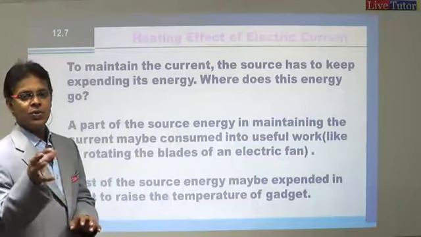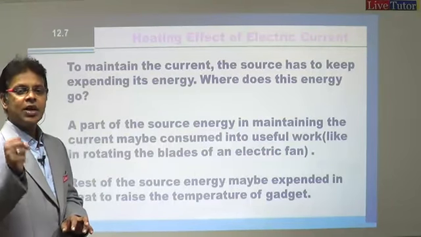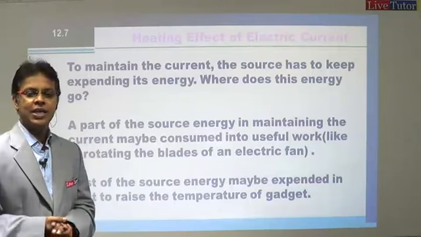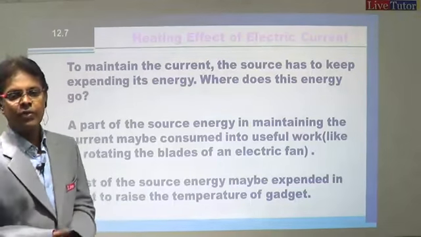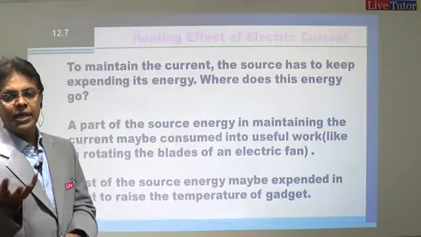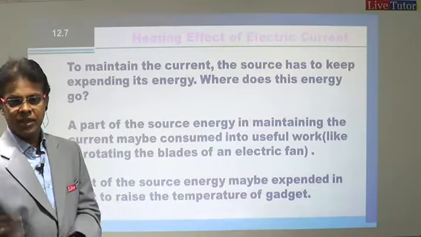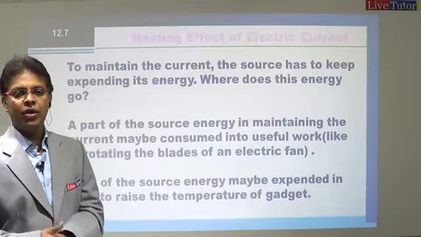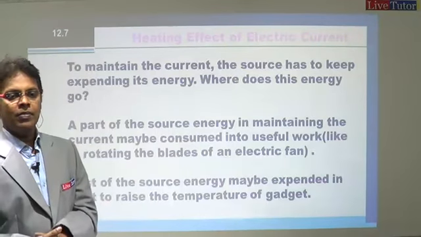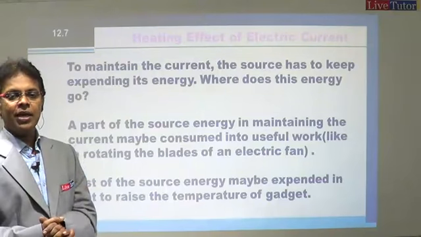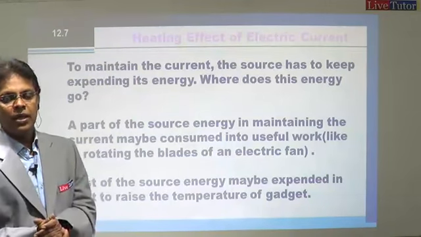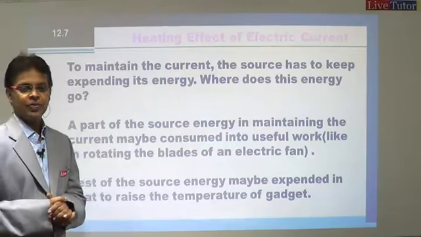The rest of the source energy is expended or wasted as heat energy, raising the temperature of the gadget. You know that if a fan is running for a long time, it will get heated up, isn't it? Even a grinder or mixie, if it is running for a long time, will get heated up. That heat which is generated is undesirable, and is nothing but waste of energy.